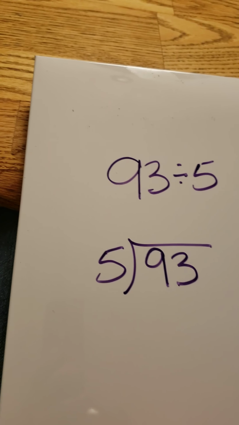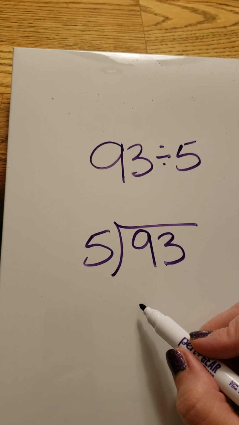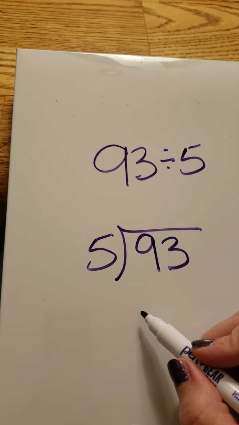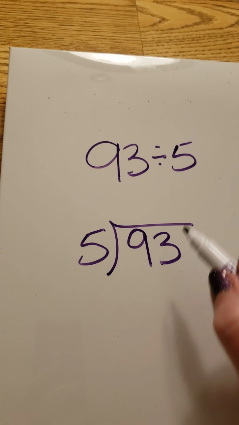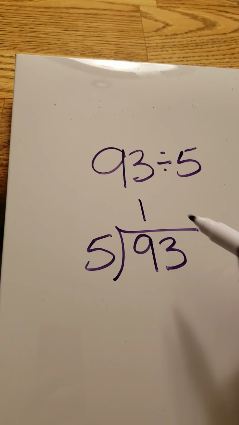Again, starting small. Can 5 go into 9? Yes. How many times? 1. 1 times 5 is 5. I'm only working with these numbers. Subtract, I get 4. Bringing down my 3.